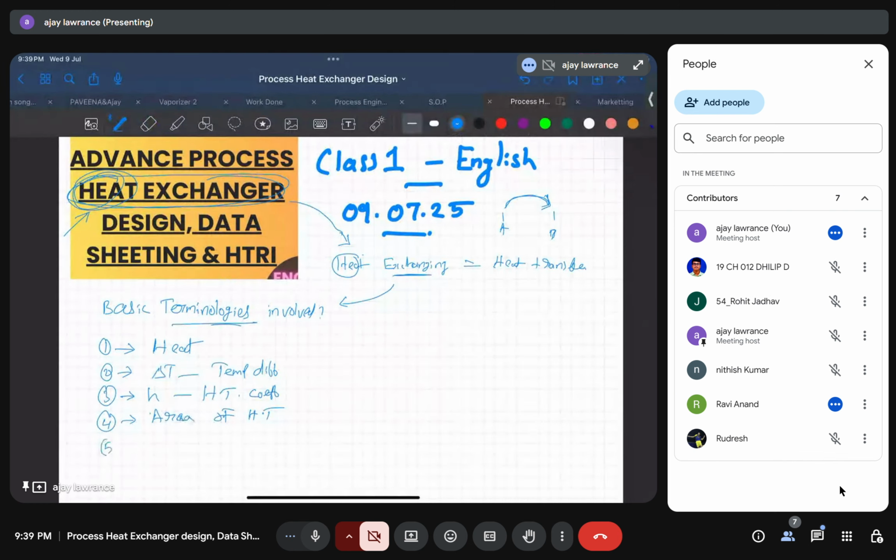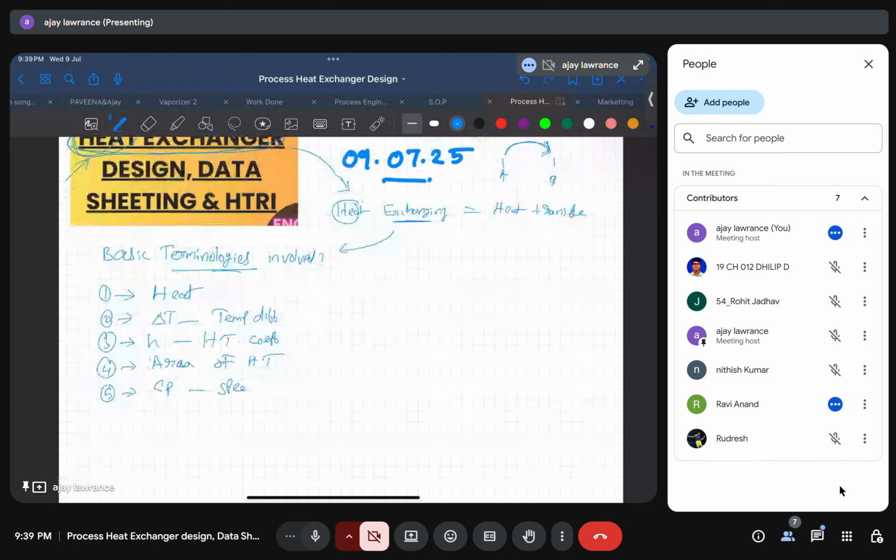Okay, then molar heat capacity at constant pressure, heat capacity, CP, specific heat. Then mass. Is this mass or what?